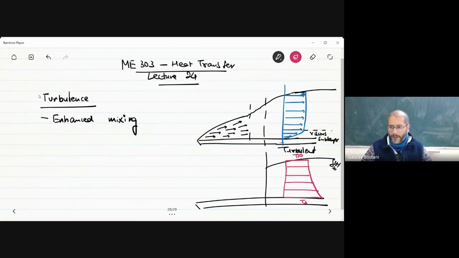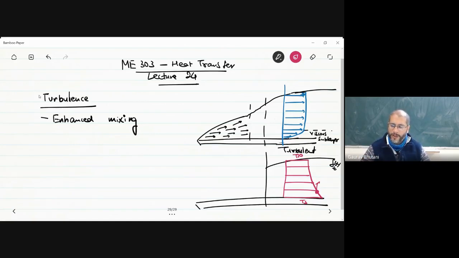Let us assume that this flow was laminar, but when a molecule which is closer to the plate, so let's say somewhere here, has higher temperature, when it jumps up because of this turbulence, the molecules have got some y components which are causing them to jump from layer to layer.